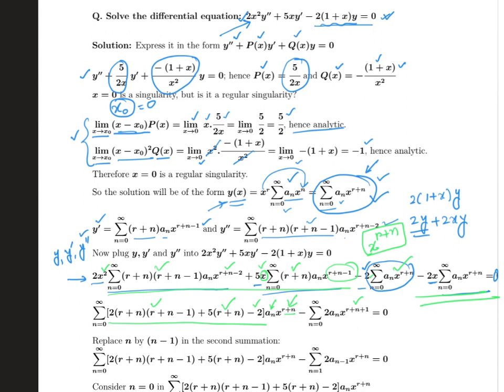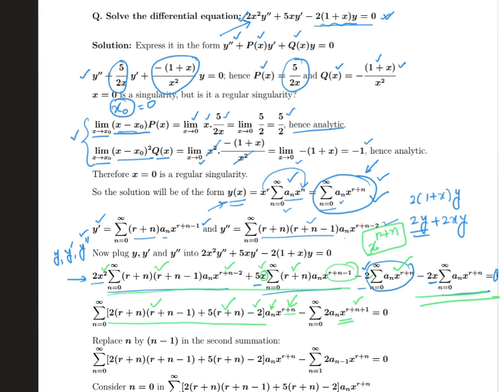So what we are going to do is shift the indices a little bit to make sure that this summation also has x where the power of x is r plus n.